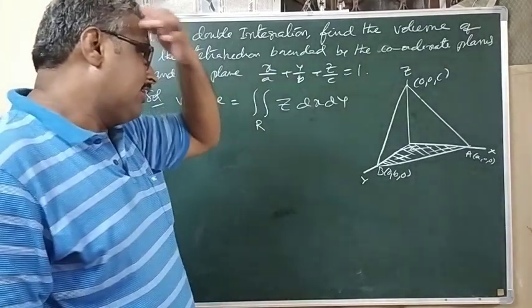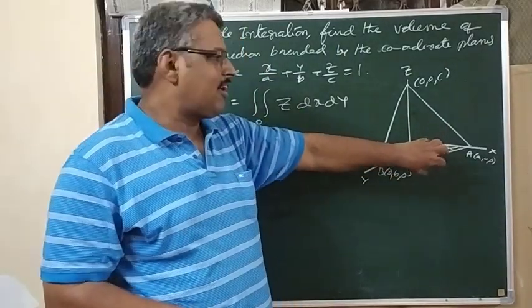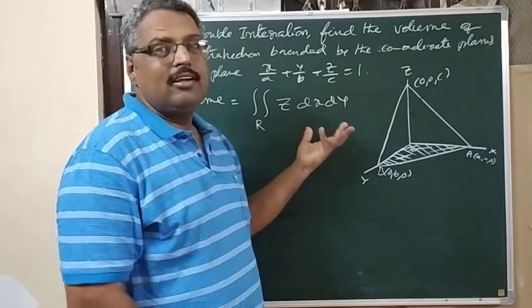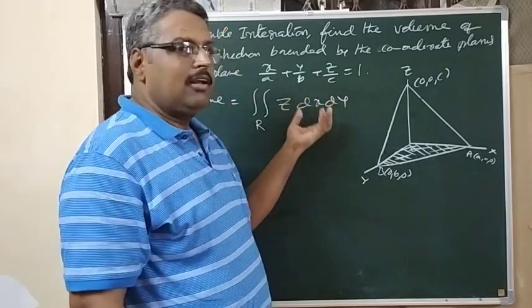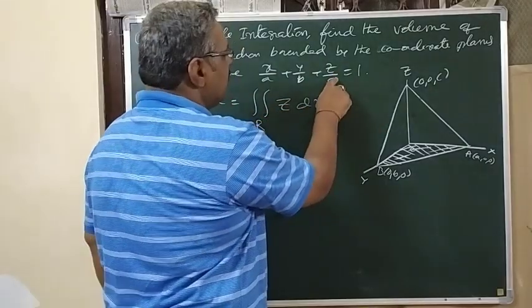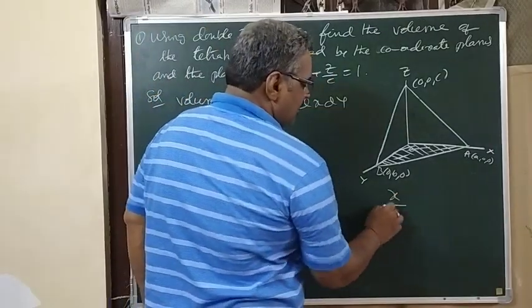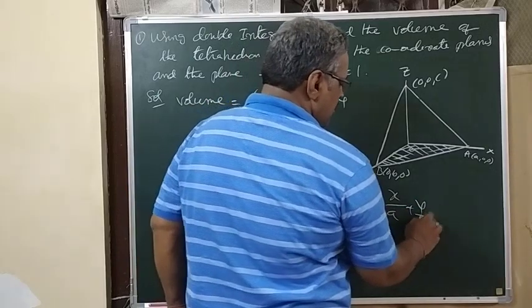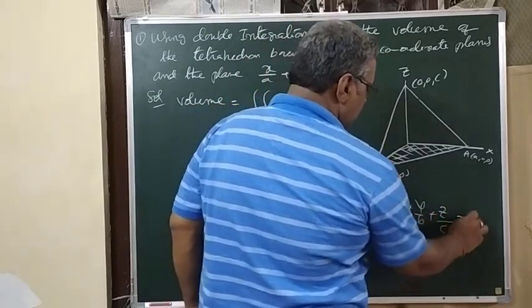If you find the limits of this triangle, then you will get the limits of this integral. So what is the z value? From this one, x by a plus y by b plus z by c equals 1.